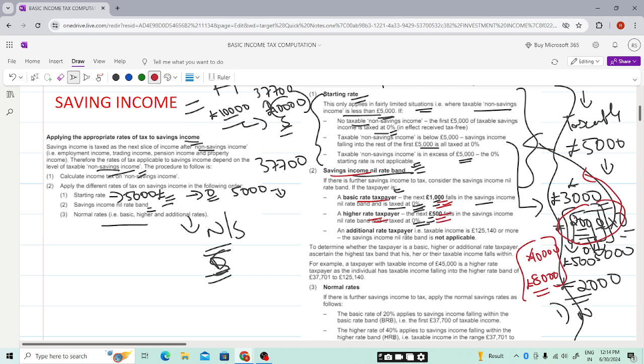For an additional rate taxpayer, that is taxable income of 125,140 pounds or more, the saving income nil rate band is not applicable. If he is an additional rate taxpayer, what does additional rate taxpayer mean? If his income is more than 125,140, taxable income is 125,140 or more.